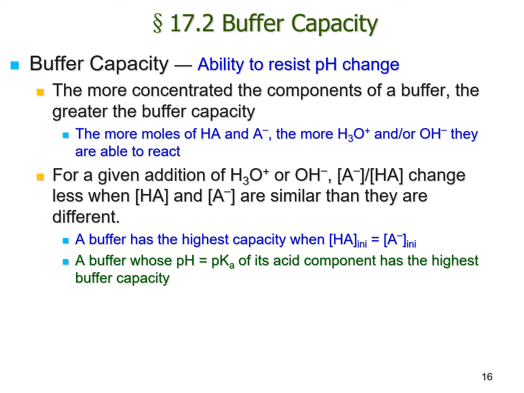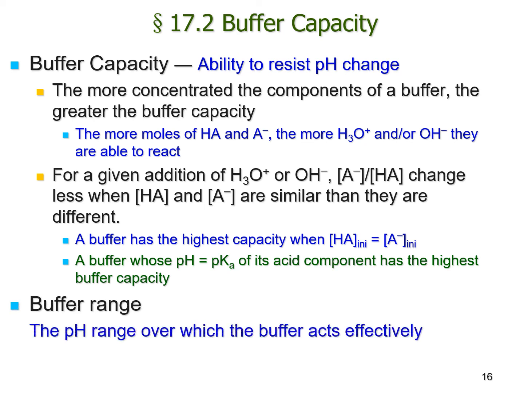Remember, it is pKa, and always pKa. Speaking of buffer range, it must be pKa plus or minus 1. Remember, plus or minus 1. That means the range of the buffer is 2 units of pH. 2 units of pH indicates the concentration of this pair of conjugates varies from 10 to 1 to 1 to 10.